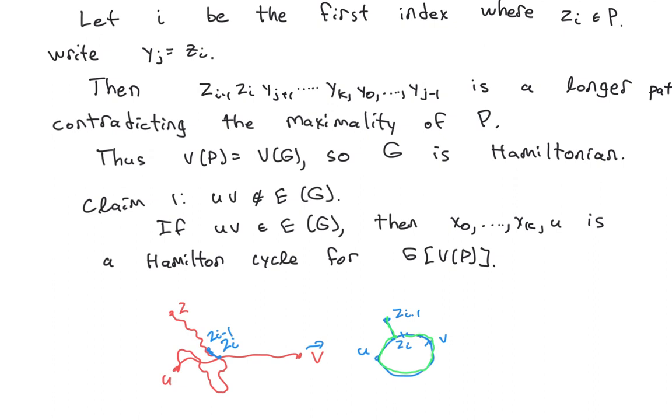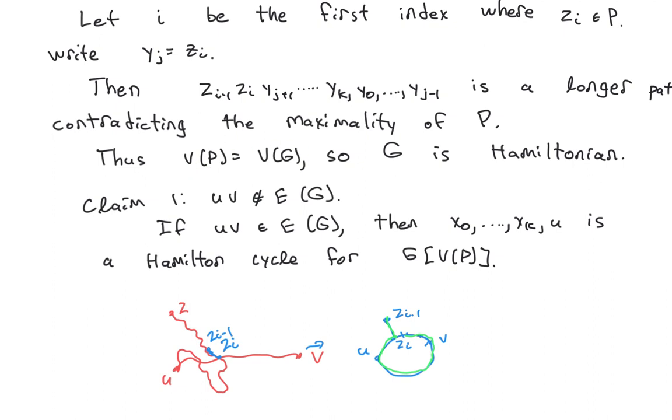It's the number of vertices on the path, and we've just added one more vertex. So we have a longer path than P, but P was supposed to be maximum. So the only thing we can conclude is that every vertex in the original graph is actually on the path already. And thus G is Hamiltonian because the Hamilton cycle for P is the Hamilton cycle for G.